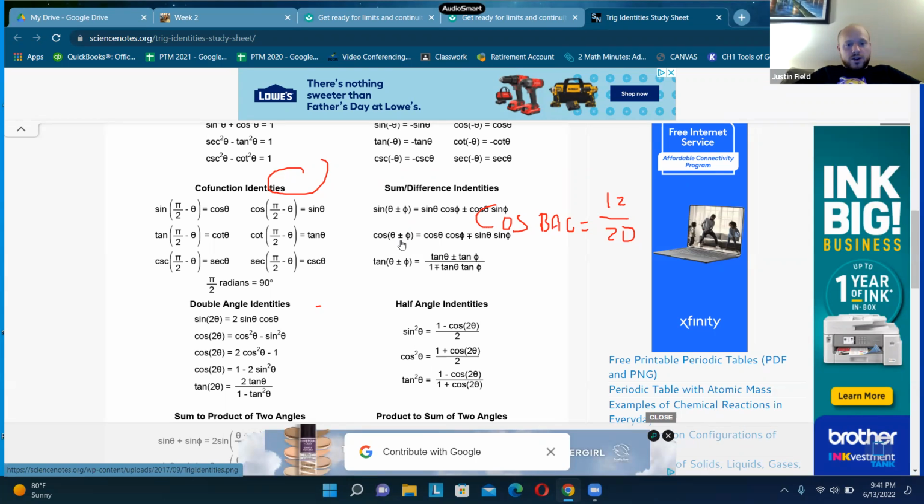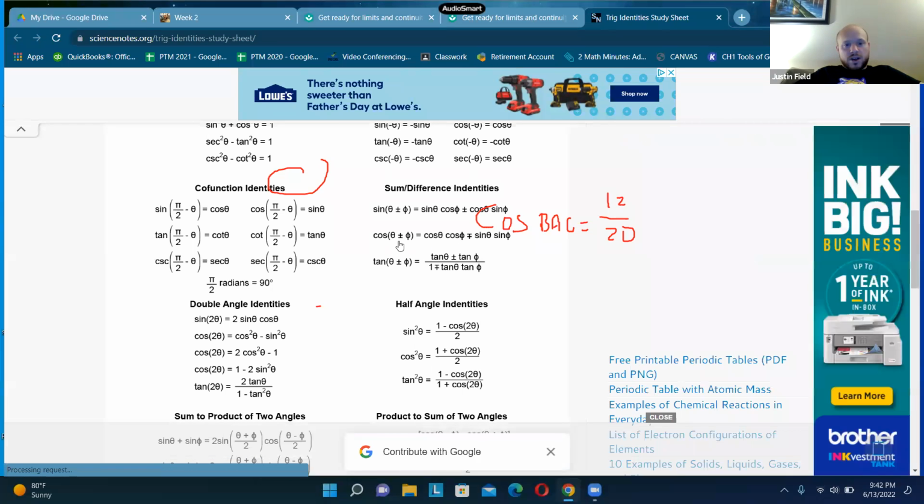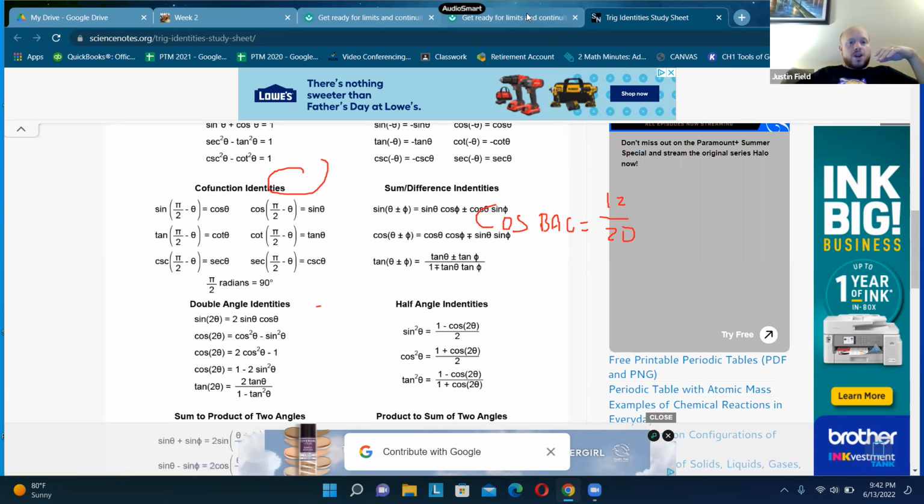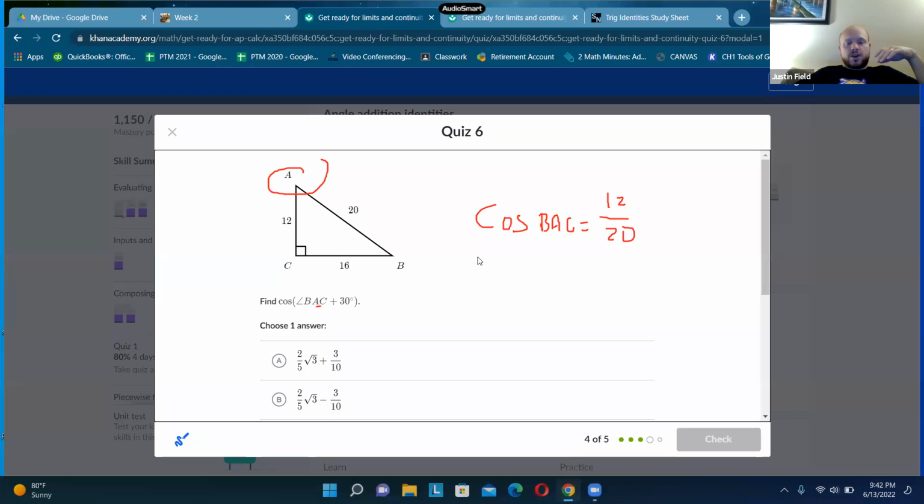We are going to use the sum formula. If it's plus inside, then it's minus in the identity. So in cosine, it's cosine, cosine, sine, sine, and then it's minus. Bad day to forget my writing tablet.